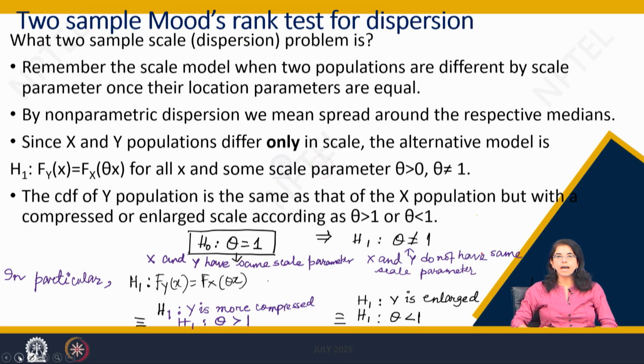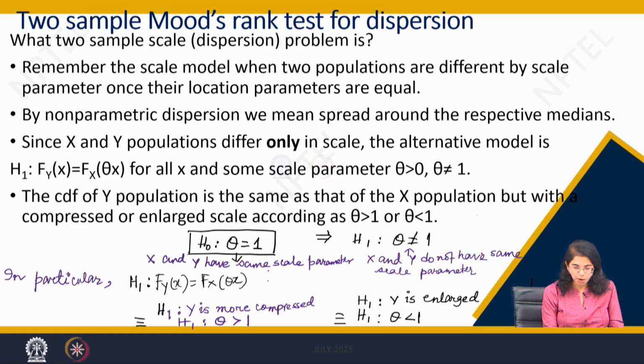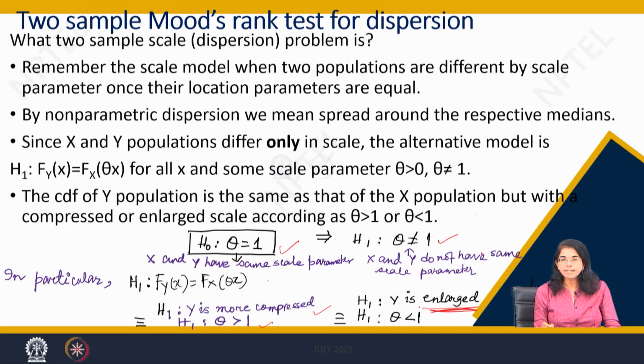So the null hypothesis is θ equal to 1, against the alternative hypothesis θ not equal to 1. Of course, if you want to be more specific, you can make the alternative hypothesis one-sided, θ greater than 1. So in case you take F_Y(x) = F_X(θx), Y is more compressed, more squeezed if θ is greater than 1, and Y is enlarged as compared with X if θ is less than 1.